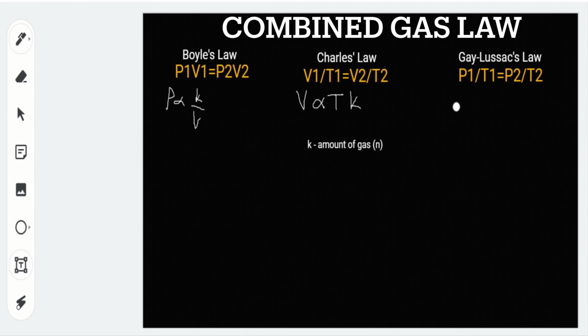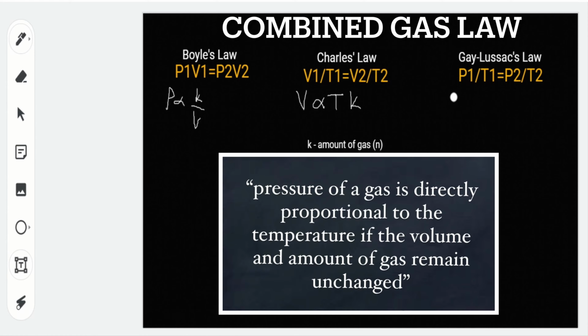For Gay-Lussac's law, it is also directly proportional for the relationship of pressure and temperature. Again, this time the constants are the amount of gas and of course volume.